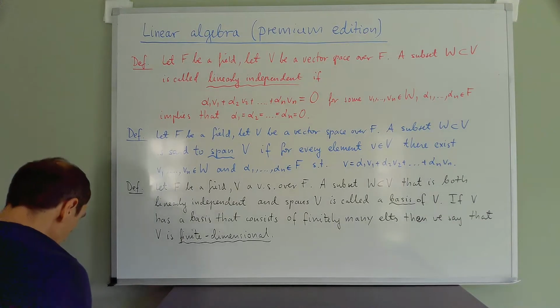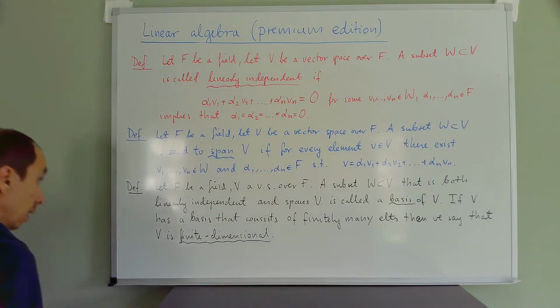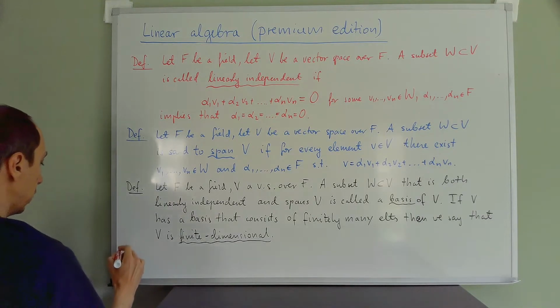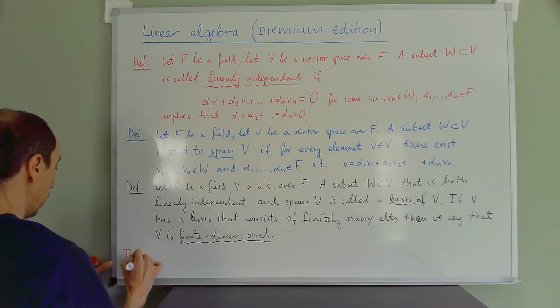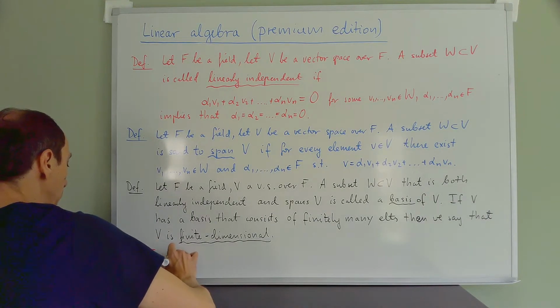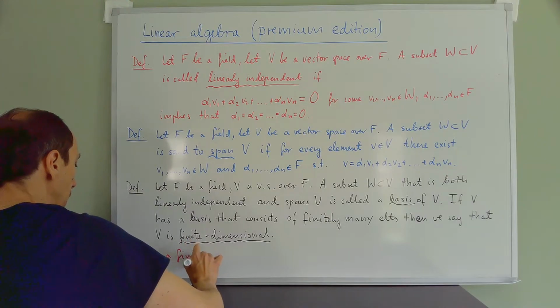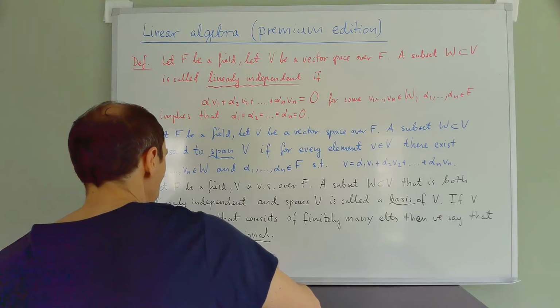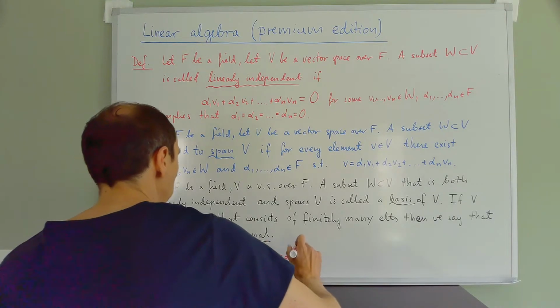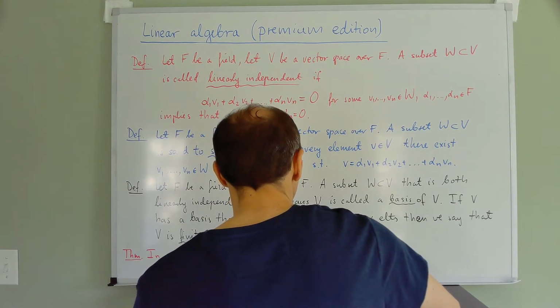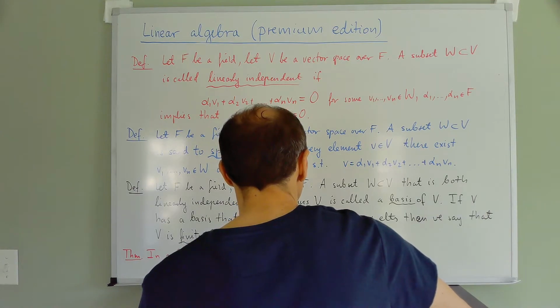And in fact, it's a theorem that in a finite dimensional vector space, any two bases have the same number of elements.